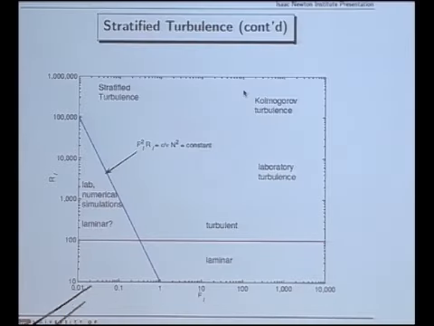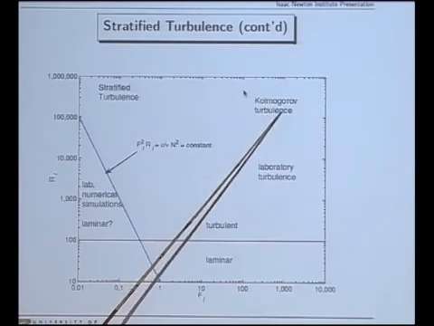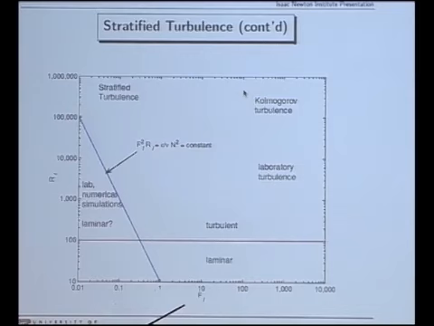So what you get is a cartoon that shows the Froude number, Reynolds number space of the different types of things that can occur. High Froude number means weak or no effects of the density stratification, so there we have the usual case. If I go up in Reynolds number: laminar flow, some critical value, turbulence, laboratory turbulence, and at high enough Reynolds number you get into Kolmogorov type of turbulence.